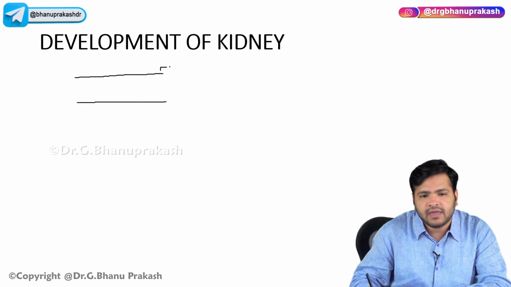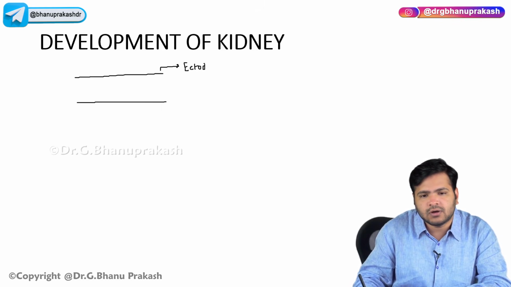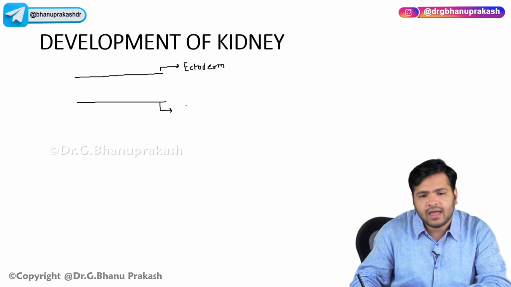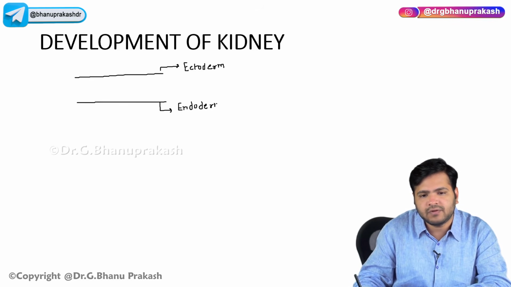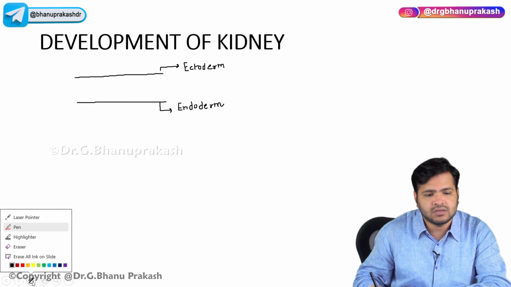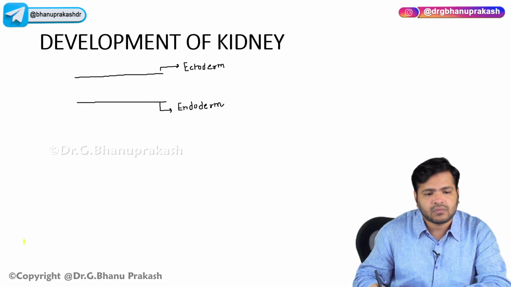We have this ectoderm, endoderm, and in between we have the mesoderm. I'm highlighting the mesoderm with the yellow color over here.